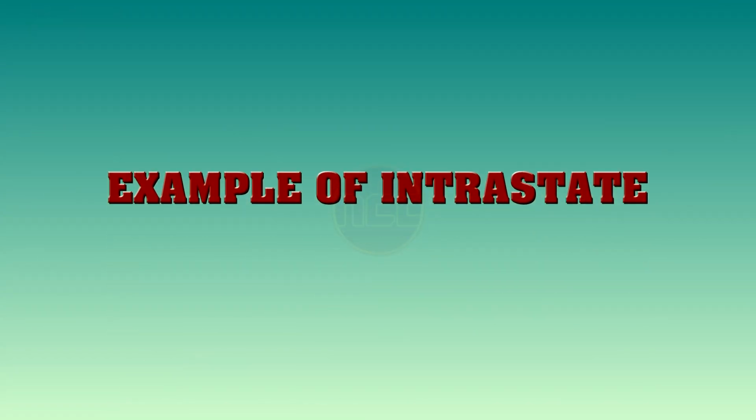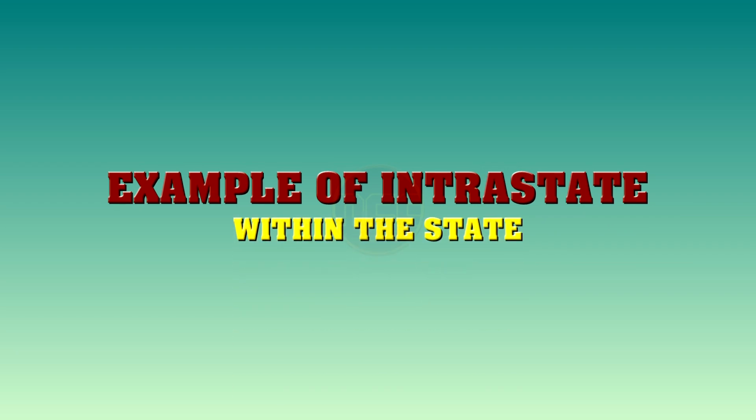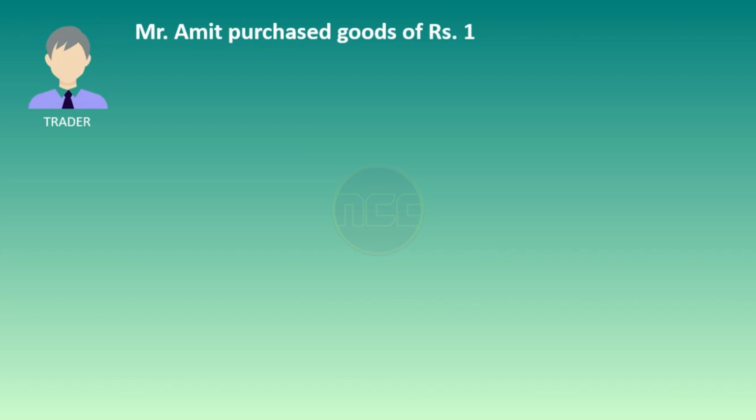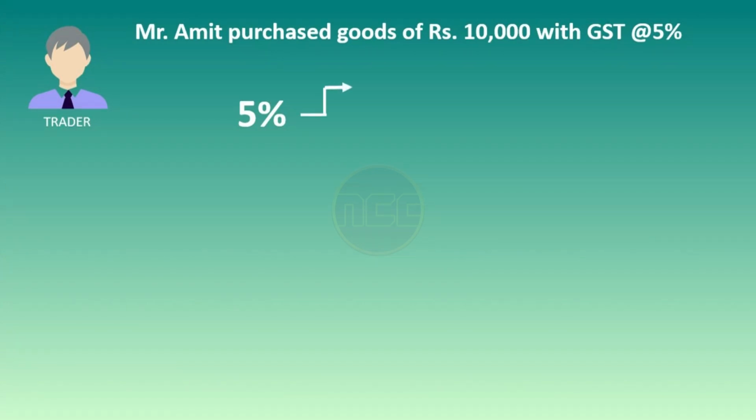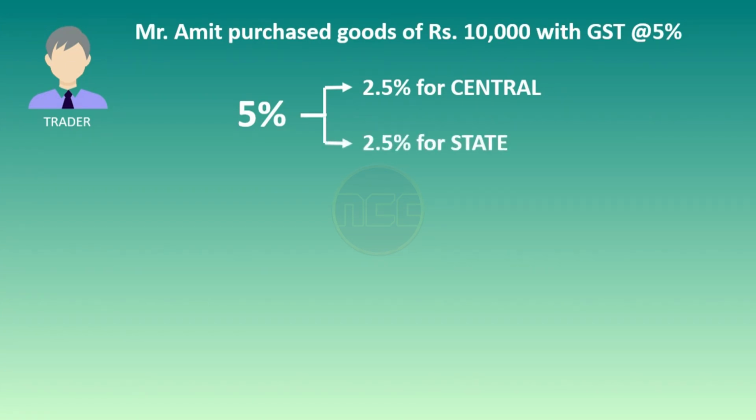Let us do some example of intrastate, that is within the state. Here Mr. Amit is a trader who purchased goods of rupees 10,000 with GST 5%. While purchasing goods within the state, 5% GST is divided into state and central government. So 5% means 2.5% goes to central government and 2.5% goes to state government.